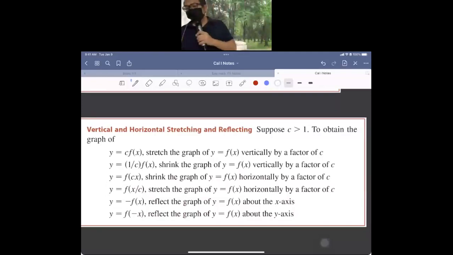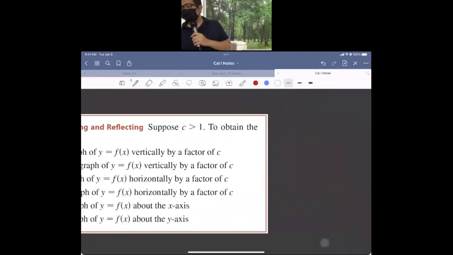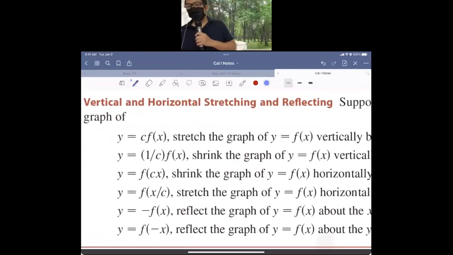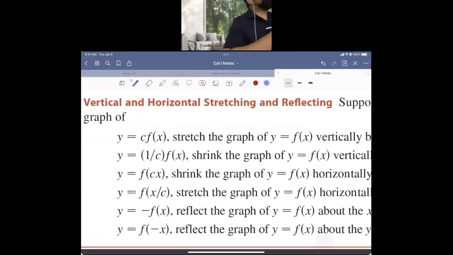Okay, so for example, you can try to make, let's just say we still like using the x squared, and try to multiply with a constant. What will happen? Okay, and then I think that can be done also. And another way is if you multiply the x, okay, not the y, not the function itself.